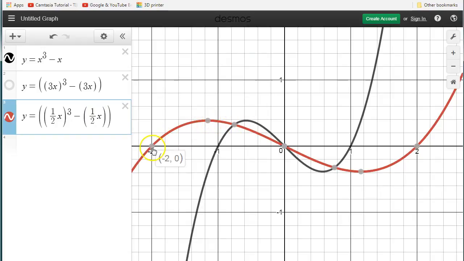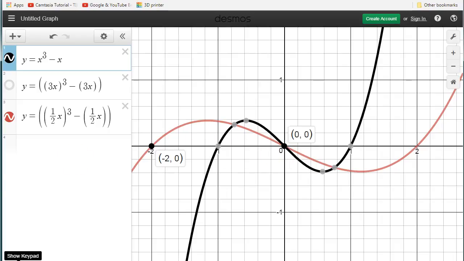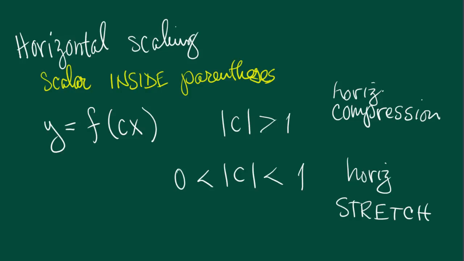And so this, if we take half of that negative 2, then we'll be back where we began. If we take half of this positive 2, then we'll be back where we began. And if we take half of 0, well, no change. So I believe that's the end of this segment.